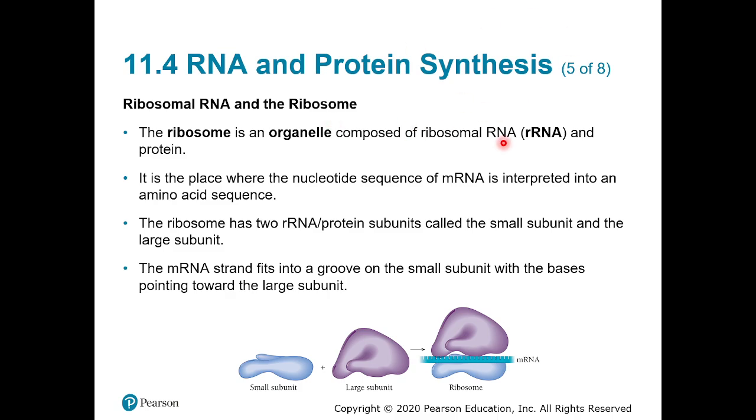Now, this is going to be composed of ribosomal RNA. This is rRNA. It will be a complex made with protein as well. So it's going to be RNA and protein making an enzymatic complex. Okay. Now, it's going to be a place where your nucleotide sequence of mRNA is going to be attached around with that complex.